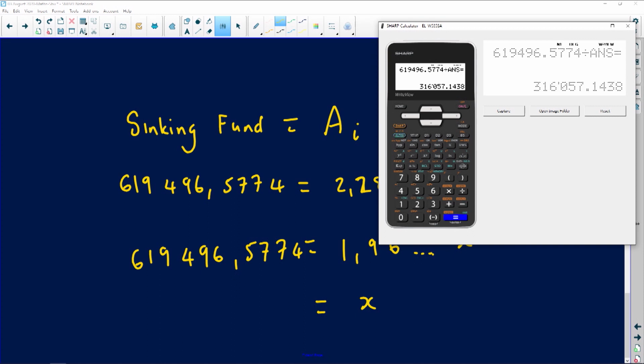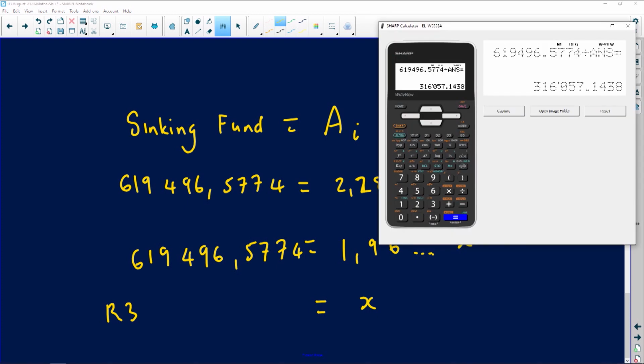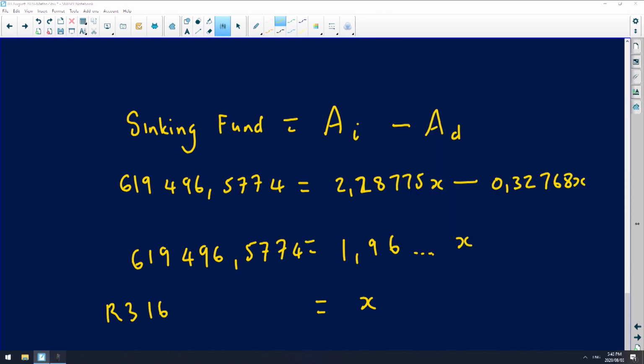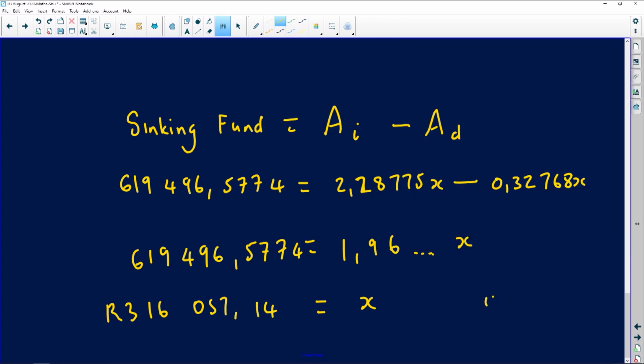When you push the equality sign, you're getting 316,000. So this amount originally was 316,057.14. So this is the amount of this tractor if you compare it with obviously all the values that you've done.